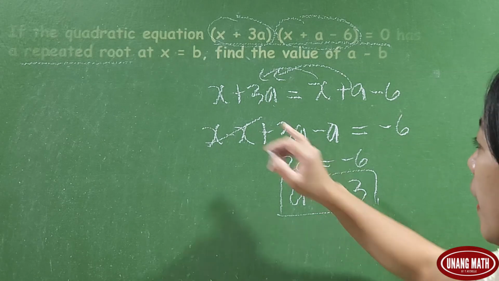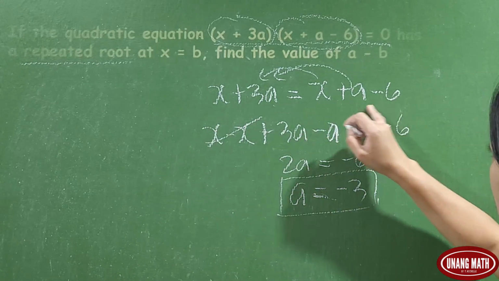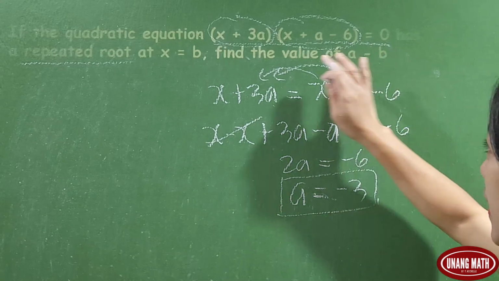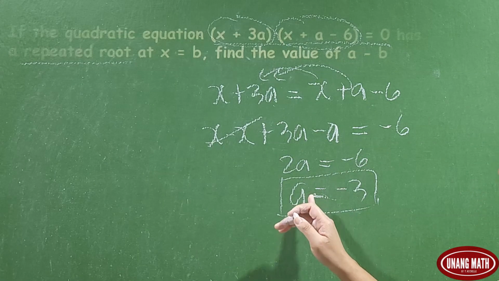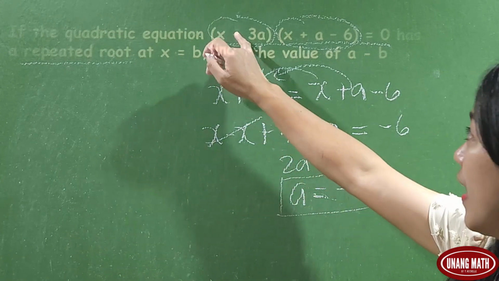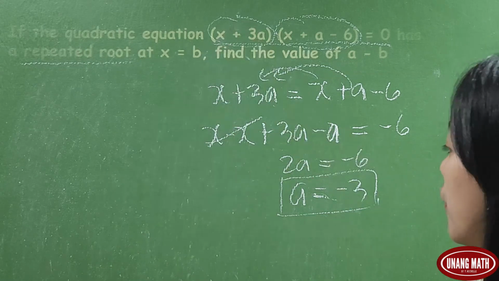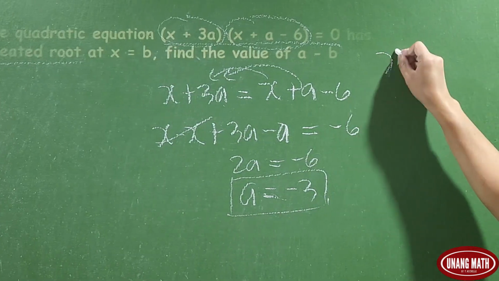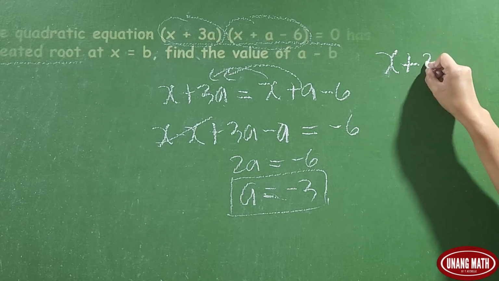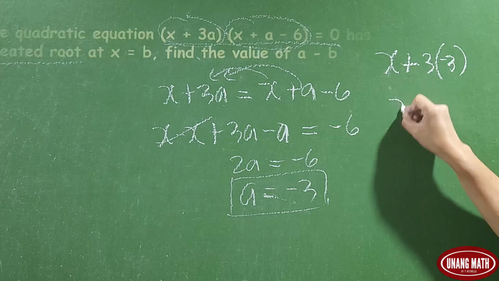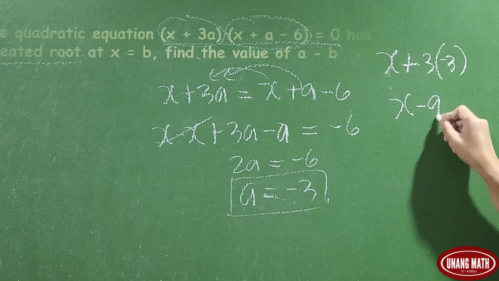Now, this expression is equal to this expression. To find the value of b, we substitute the value of a in either of these expressions. Let's just take x plus 3a. So x plus 3 times negative 3 is x minus 9.